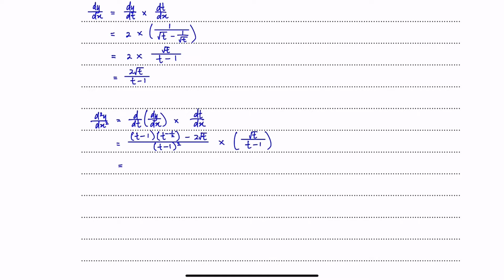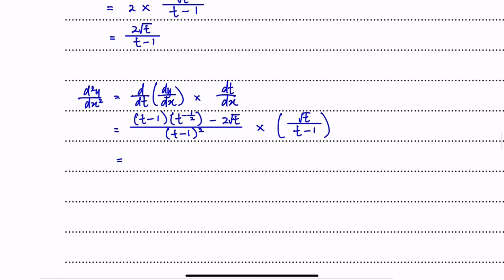And you would get t minus 1 minus 2t. I move the sec t down here times sec t over t minus 1.